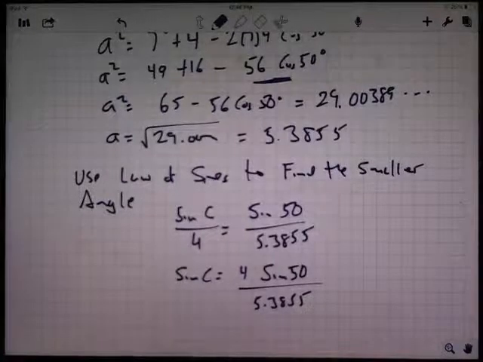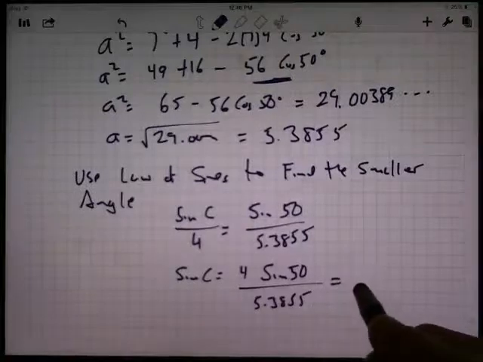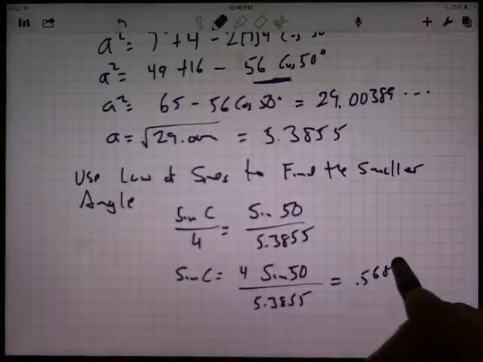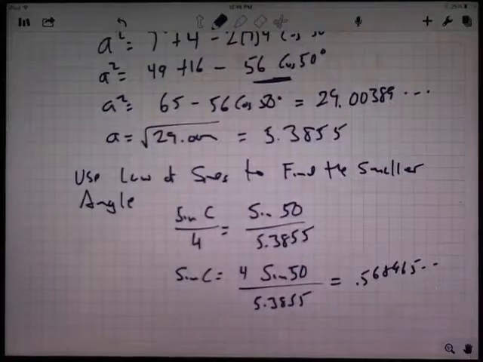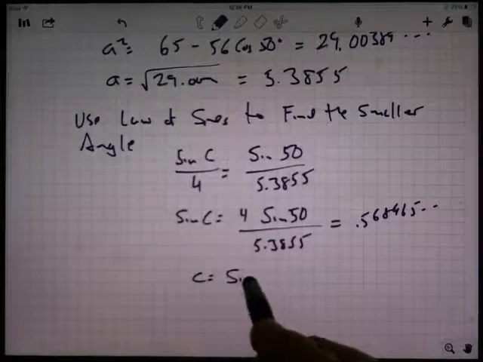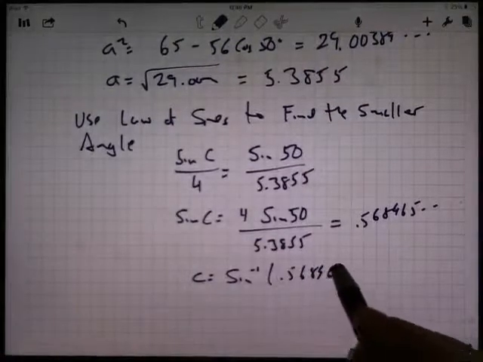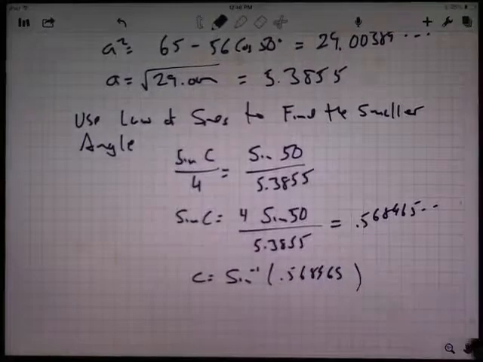Well, I have it rounded to 10 decimal places rather than 2 or something. So anyway, I find that the sine of C is equal to 0.568965, whatever, right? So C is the inverse sine of that. C equals sine inverse of 0.568965.